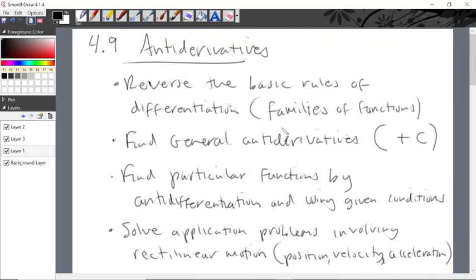Since we know how to differentiate, then looking at the derivative, we should be able to know what was the function that it was derived from. And we'll also be putting together families of antiderivatives, so-called general antiderivatives, through the addition of a constant, and we'll generally be using C as that constant initially.